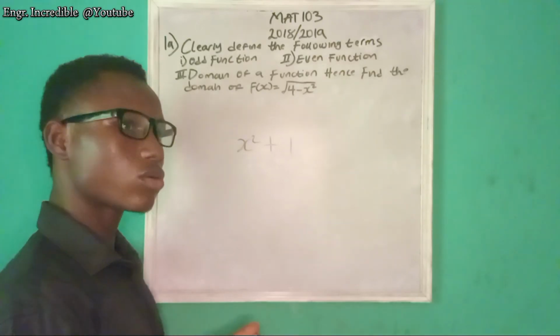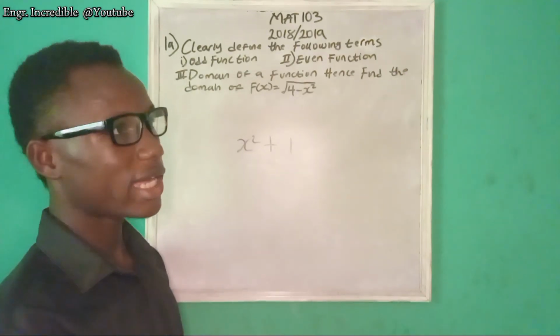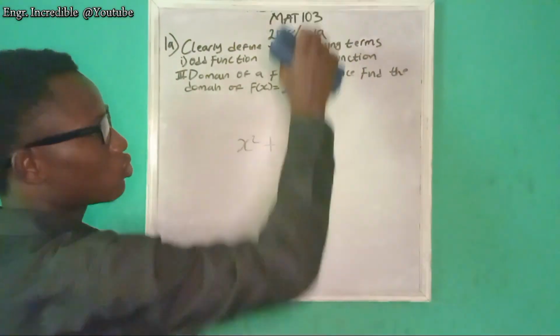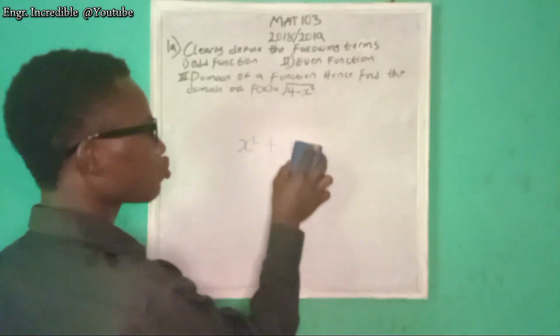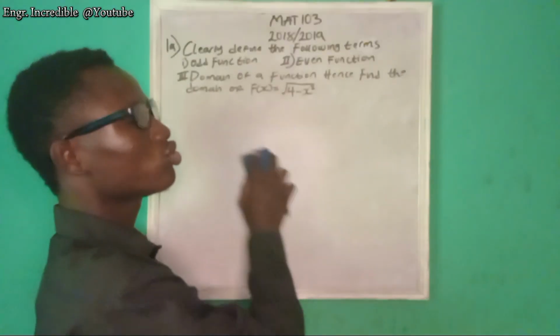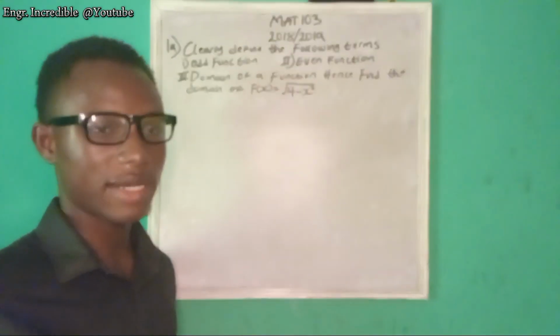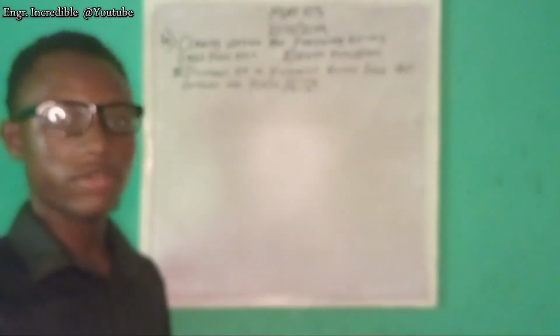It will not give you something like undefined or infinity or i as imaginary unit. So the domain of a simple function like this usually ends up being from minus infinity to infinity. That means all the numbers in between will always give you a real number.